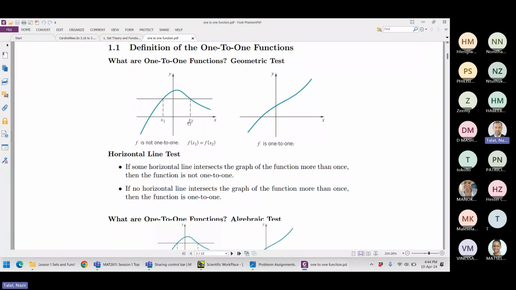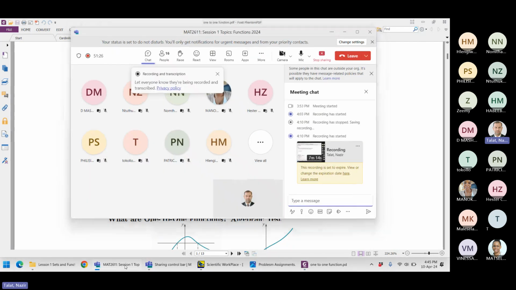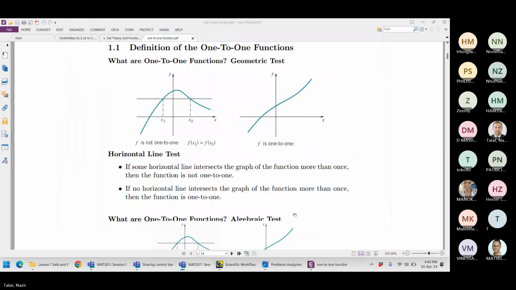Like x1 is not equal to x2, but at both values f of x1 is equal to f of x2. Such a function is 1-1 where each distinct value from the domain gives us a distinct value in the range, where the domain is all values along the x-axis and the range is all values on the y-axis.